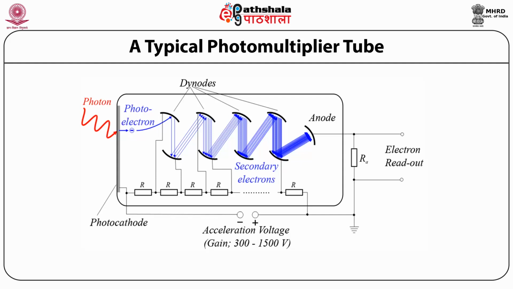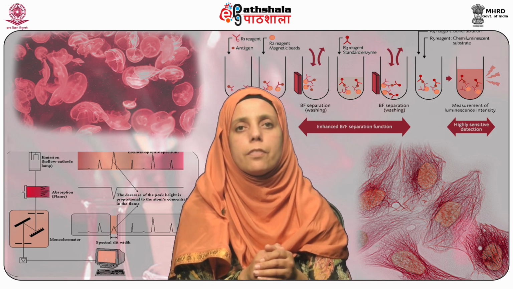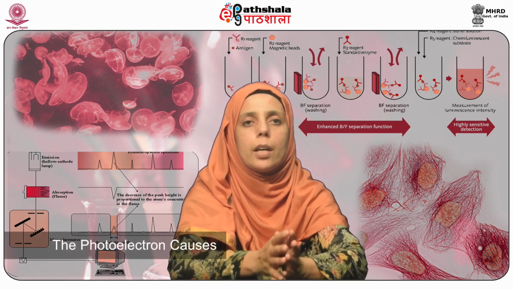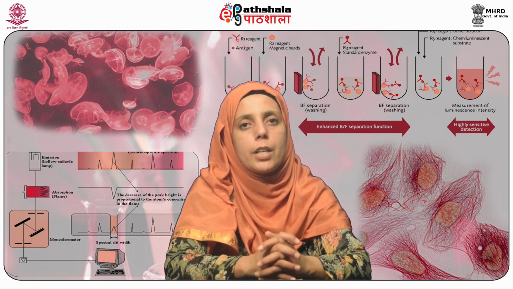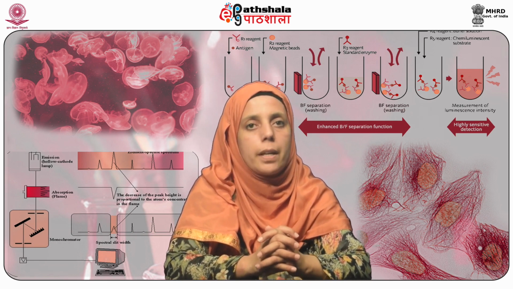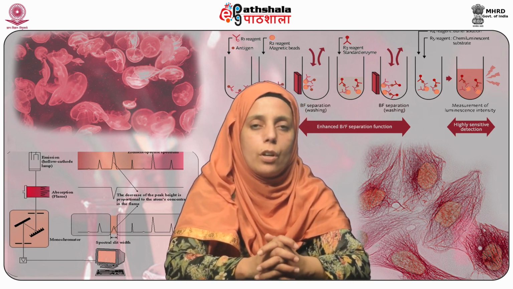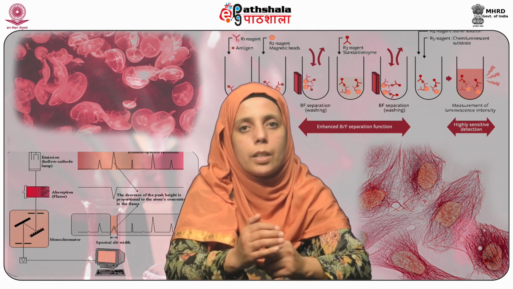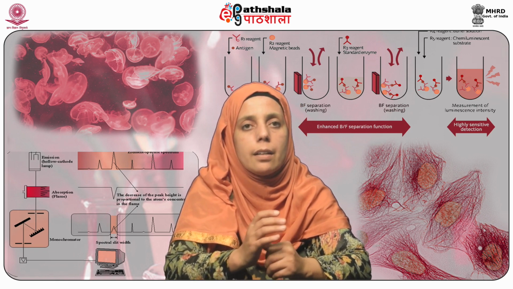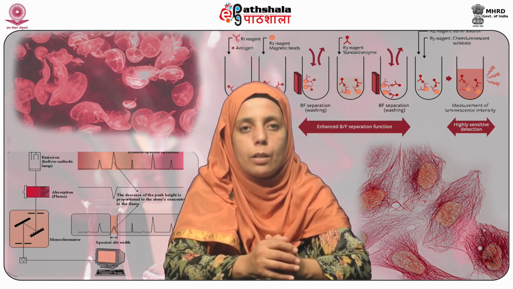This potential difference causes an ejected photoelectron to be accelerated towards the first diode. Upon collision with the first diode, the photoelectron causes ejection of 5 to 20 additional electrons, depending on the voltage difference to this diode. This process continues down the diode chain until a current pulse arrives at the anode.